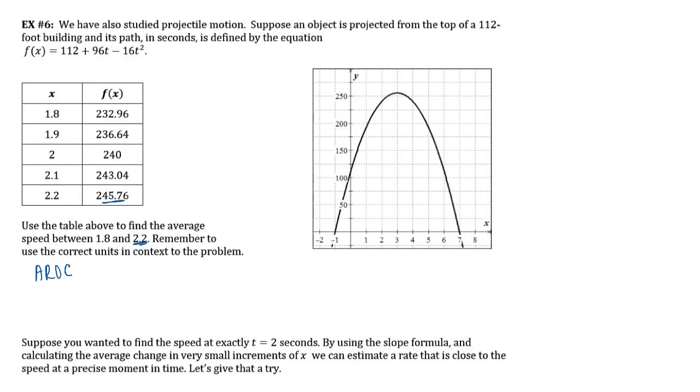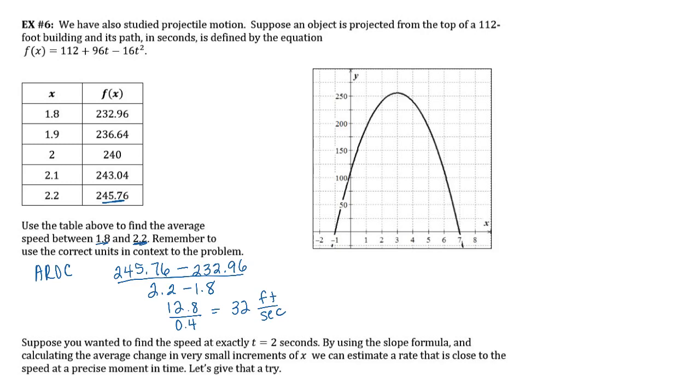Well, at 2.2, we have a function value of 245.76 minus 1.8, which is going to be 232.96, and all of that is over 2.2 minus 1.8. So if we do all of our little algebra magic there, we should get 12.8 over 0.4, which is going to give us 32 feet per second.